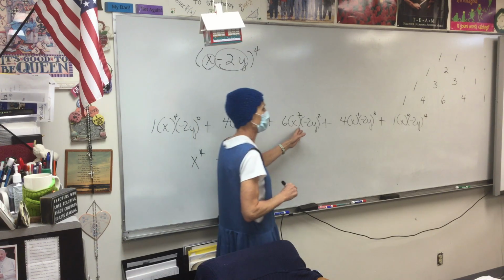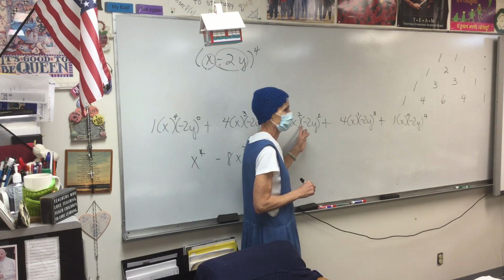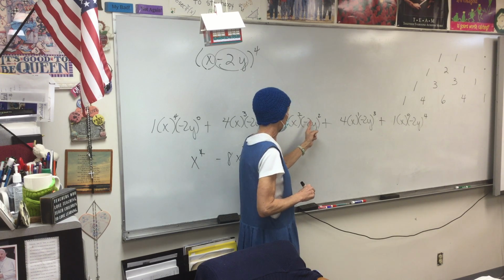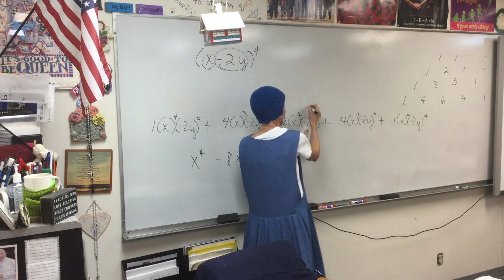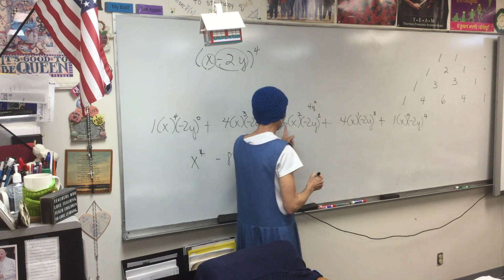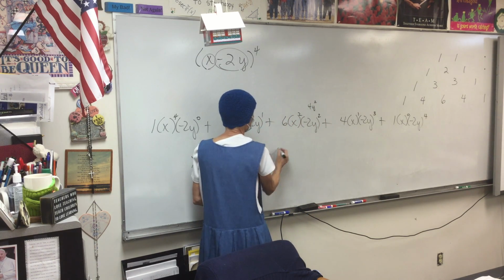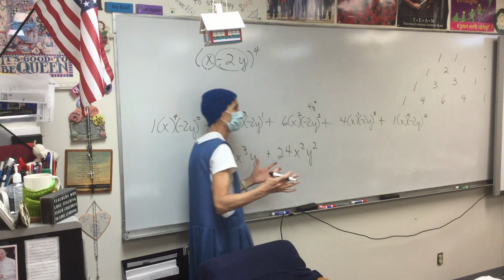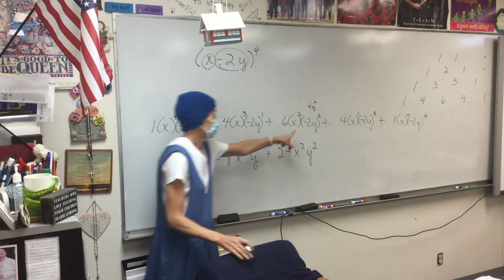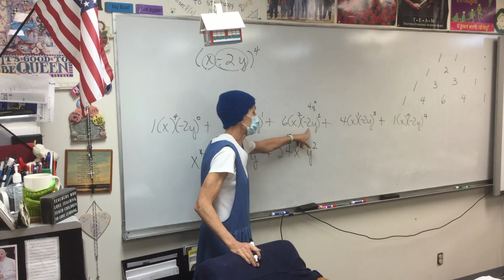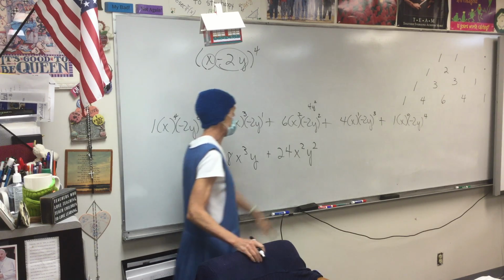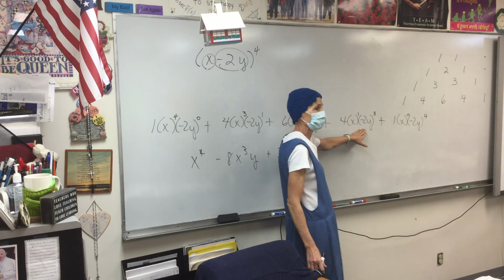Now, this is the tricky one. This is where you're going to make a mistake. Negative 2 squared is 4y squared, so when I multiply, I get 24 x squared y squared. Why is it positive? Because you multiply two negatives. Here you're going to make mistakes too if you're not careful.